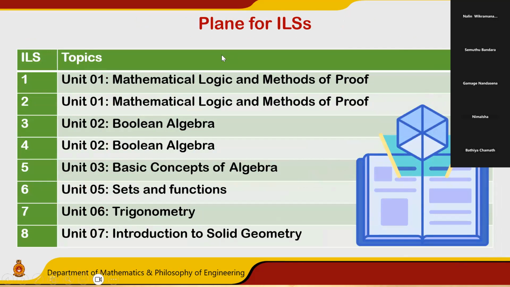This is the plan for interactive learning sessions. Unit 1 is discussed in the first 2 interactive learning sessions, and the second 2 are allocated for Boolean algebra, that is unit 2, and so on.